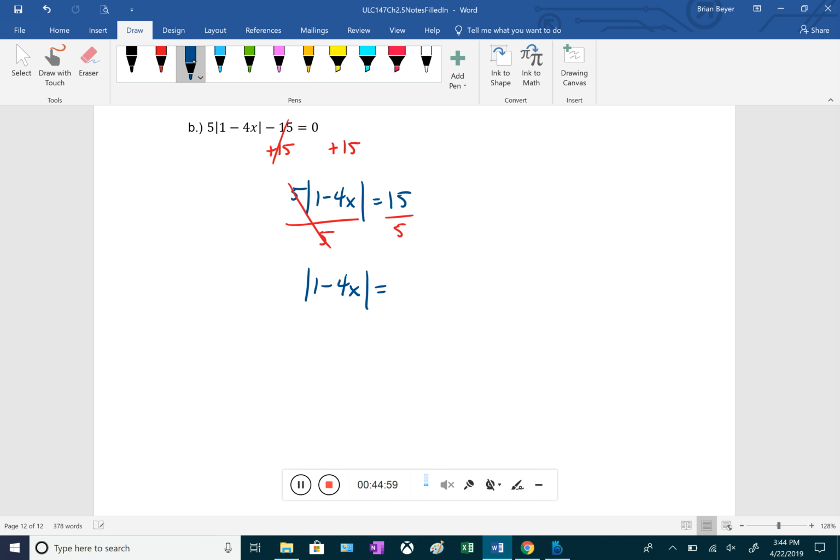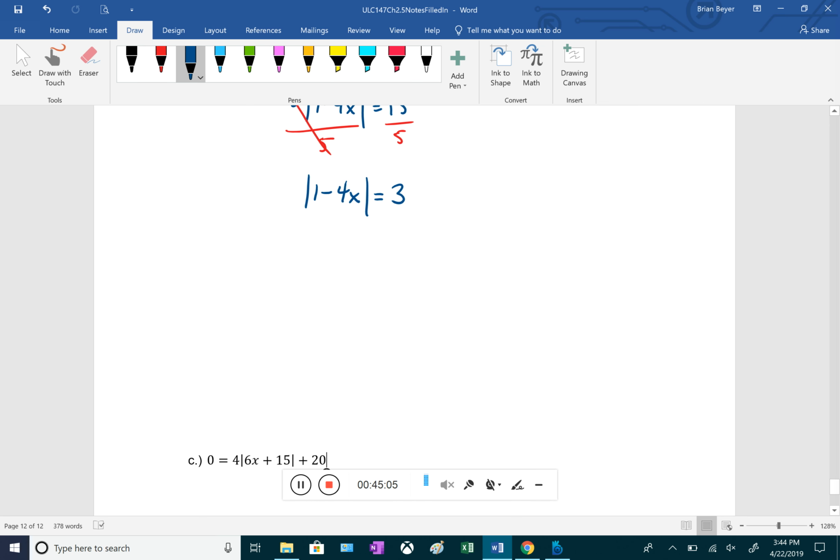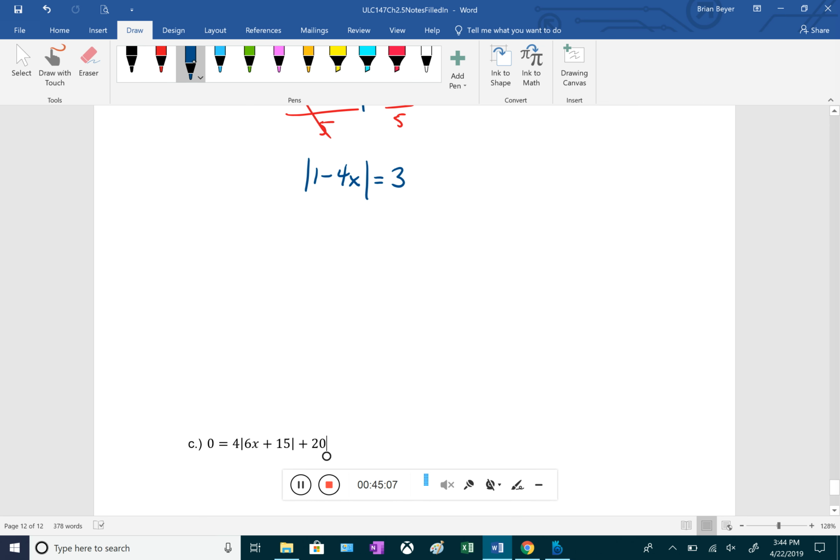equals 3. So now that we have it isolated, we're going to solve two separate ones. We're going to drop the absolute value bars, let it equal positive 3, and then we're going to drop the absolute value bars and let it equal negative 3.